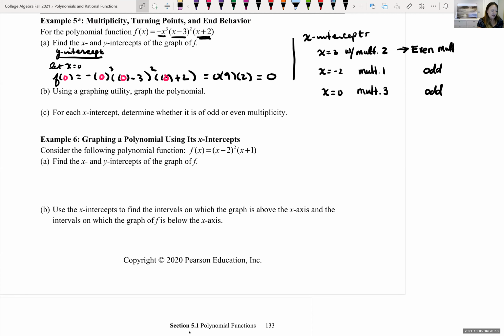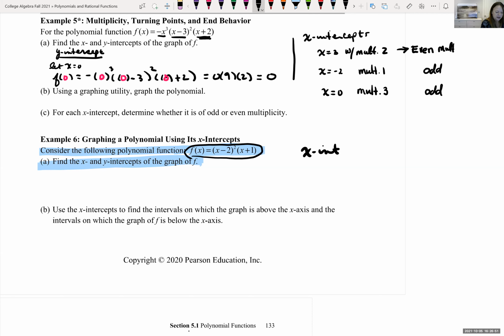So same sort of idea, graphing a polynomial using its x-intercepts. We have f of x equals x minus 2 quantity squared, all times x plus 1. We want to find the intercepts, x and y intercepts. So we have x-intercepts, that's when our function is equal to 0.